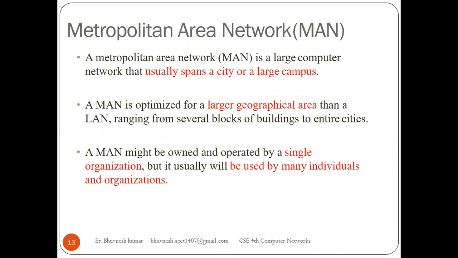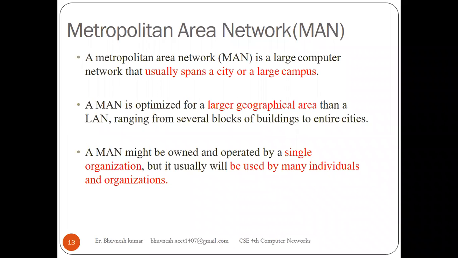Next is your metropolitan area network. A metropolitan area network is a large computer network that usually spans a city or a large campus. Okay, a MAN can also be known as a campus area network, CAN. Okay, a metropolitan area is within your city. If I am talking about Amritsar city, okay, there are a number of SBI branches of State Bank of India.